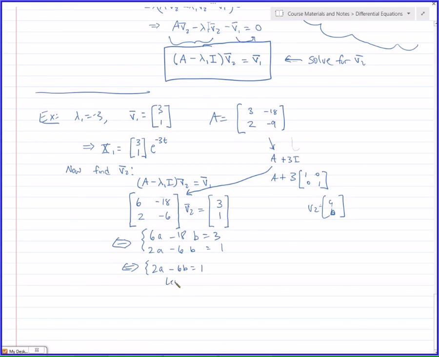So let's say let a be 0, which means 0 minus 6b equals 1, so b is negative 1/6. So we'll let V2 be 0, negative 1/6.